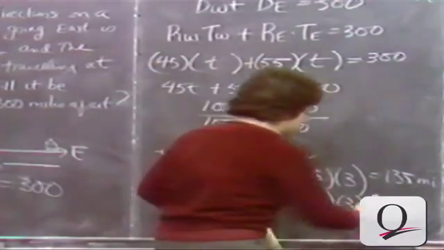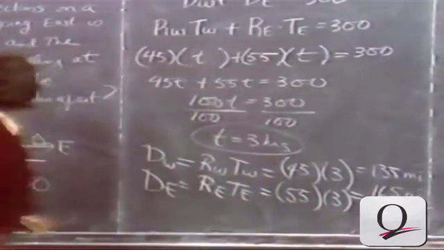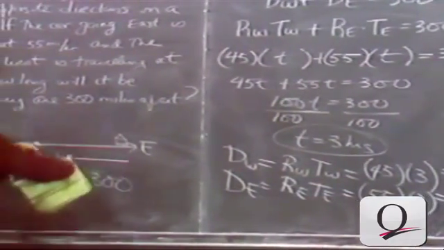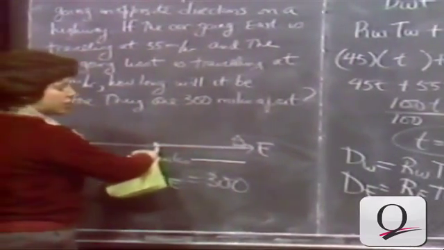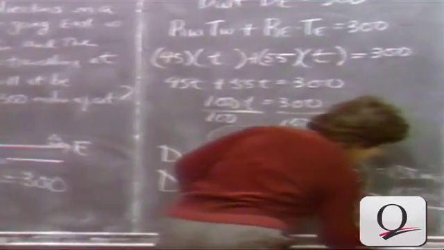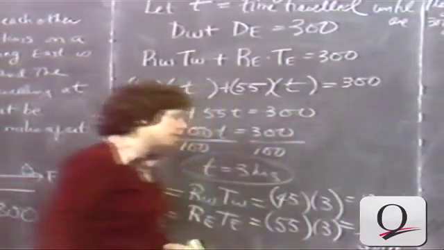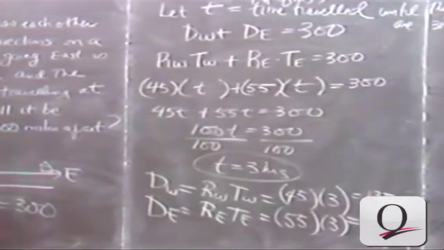He covers 165 miles. So this distance from here to here is 165. This distance from here to here is 135. And together, the distance between them is 300 miles. They will be 300 miles apart at the end of 3 hours. And this brings us to the end of this tape.